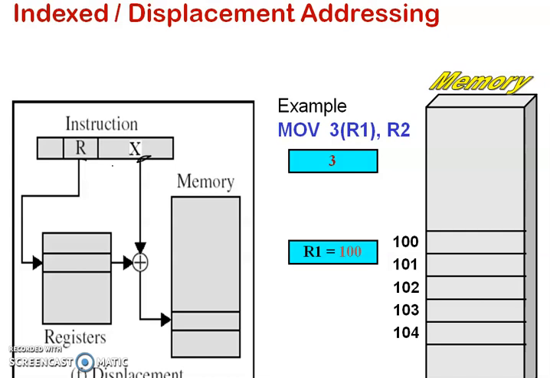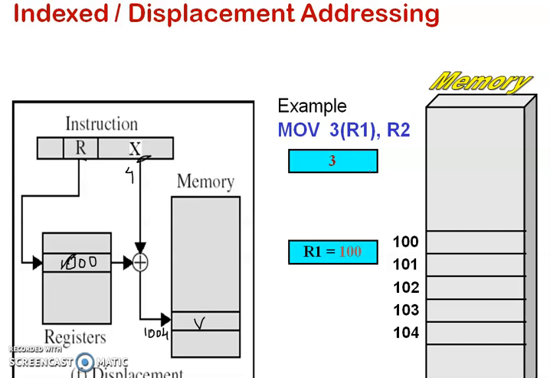So what it does, it will be taking the content from the register. Based on the previous example, the content of the register will be 1000, and 4 will be taken as the x value, a constant value. So the content of the register plus 4 will be pointing to the memory location 1004, where the actual value will be stored.